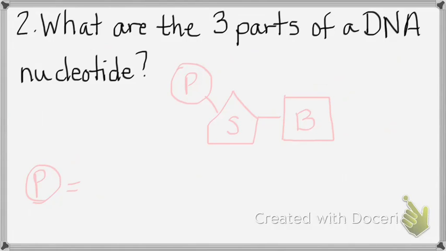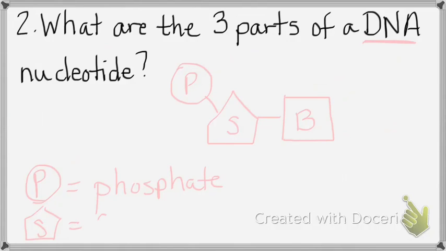What is that? Phosphate. Nice job. How about the S? It looks like it's living in a house. That's the sugar. And let's see, this is DNA. So what's the name of that sugar? Deoxyribose.